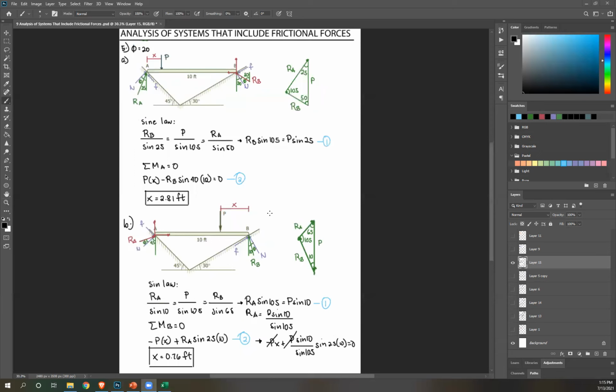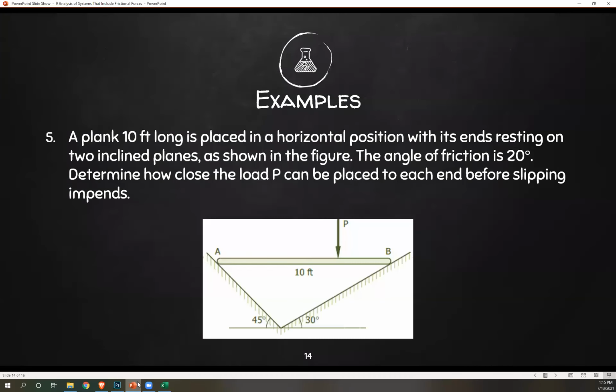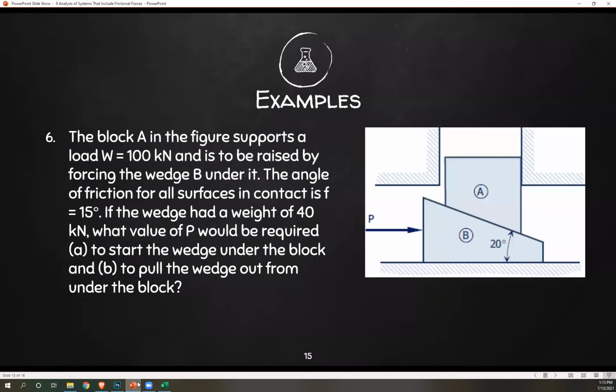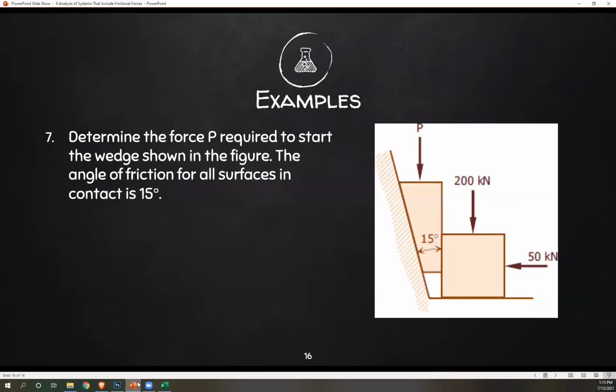Okay, since you don't have questions, let's move on to the last number. I'm not going to answer number 6 anymore, because it's a bit similar to number 7. So let's move on to number 7 instead.